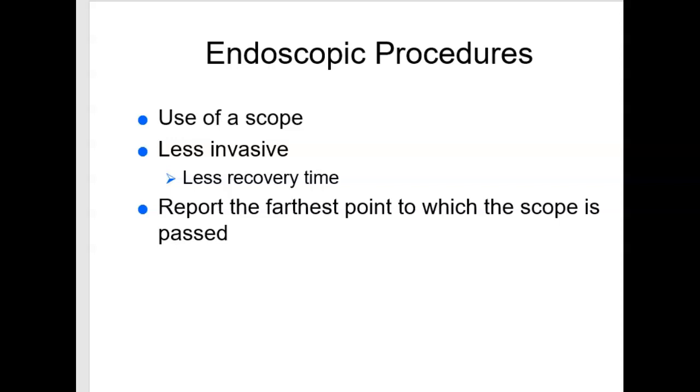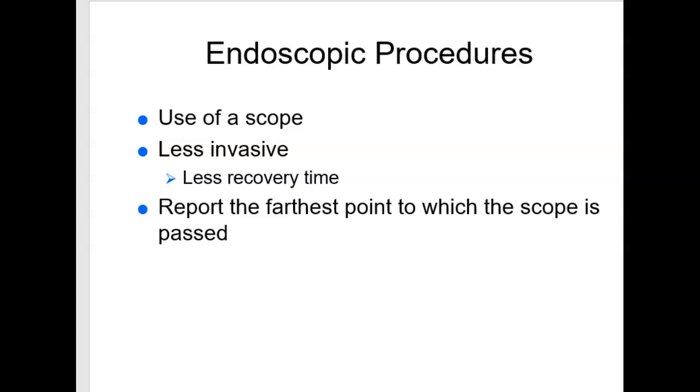Remember that the first procedure in the same surgery session is going to be at 100%. Then each additional one with dash 51 is going to be billed at 50%, and then decreasing as you go. Don't forget that the 51 is for multiple procedures.